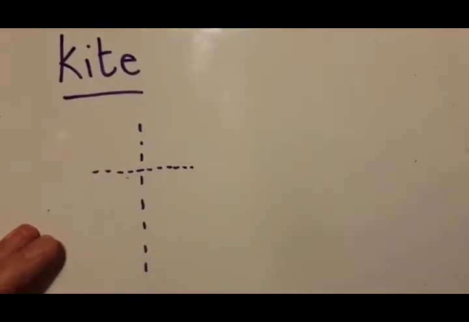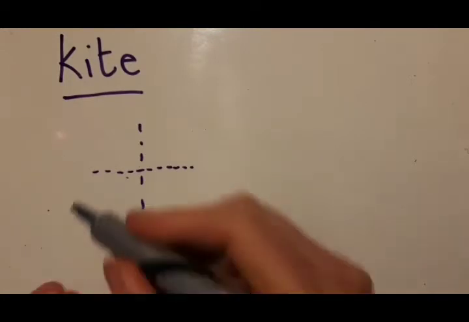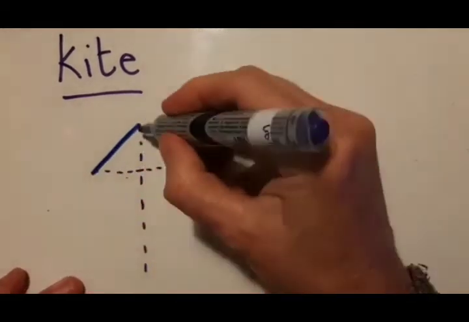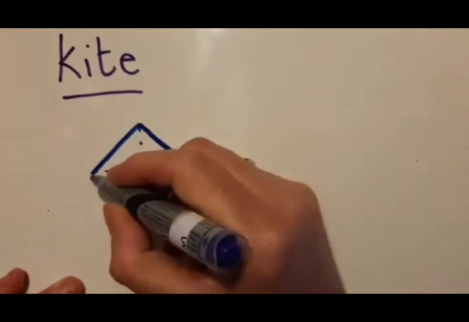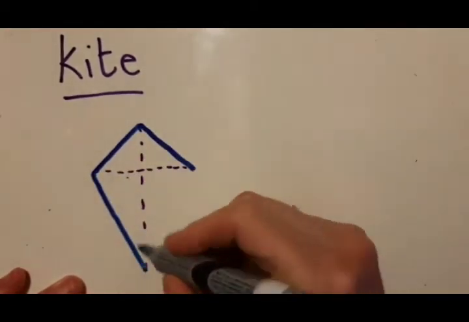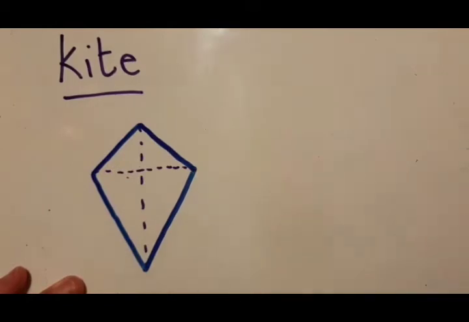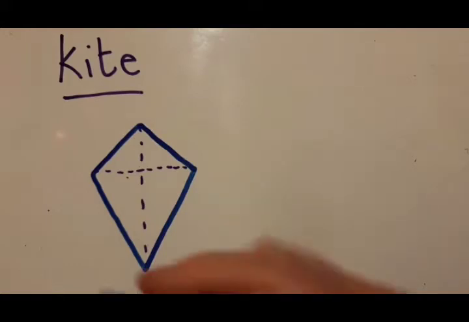So it looks like a cross, and I can draw in the top two lines and the bottom two lines. Then I'm going to go over these dotted lines to make them solid.